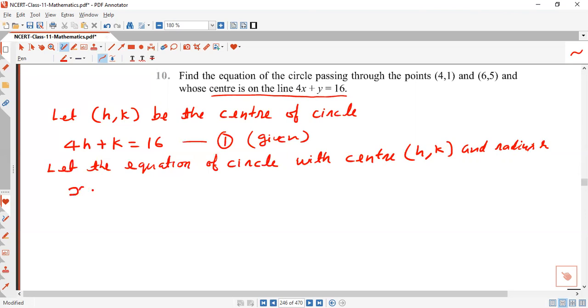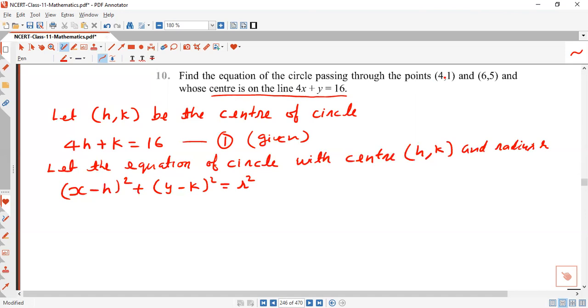We know this equation: x minus h whole square plus y minus k whole square equal to r square. This is our formula for the equation of the circle.